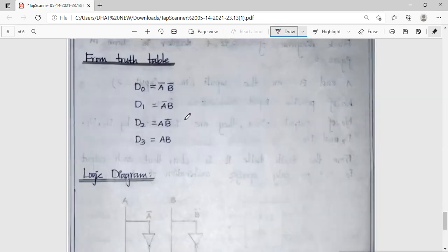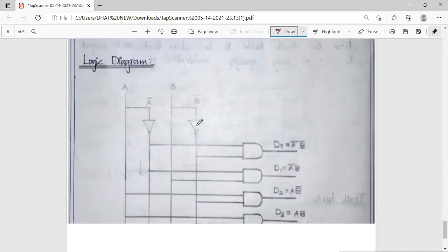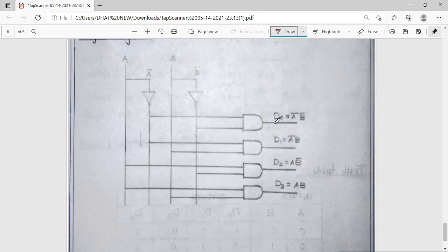Using these 4 Boolean expressions, we construct the logic diagram. Here we use 4 AND gates for D0, D1, D2, D3, with 2 input lines A, B. We use inverters for A bar and B bar.